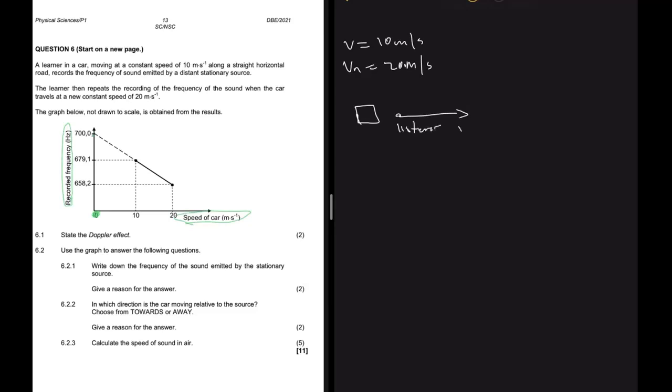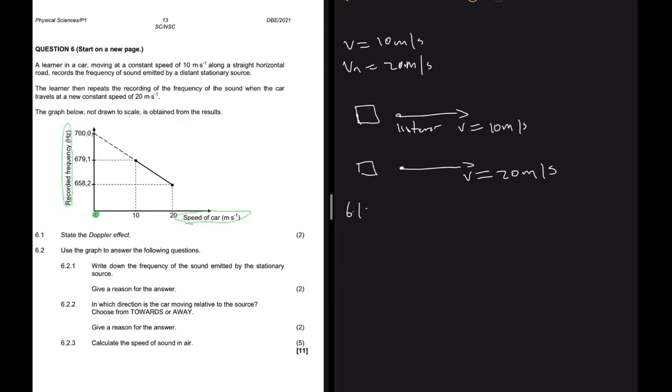In the first scenario, the listener is moving away at 10 meters per second. In the second scenario, the source is still stationary, but the listener is moving away at 20 meters per second.